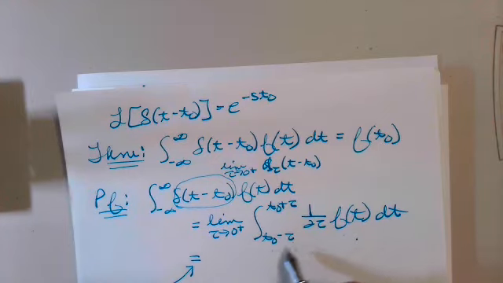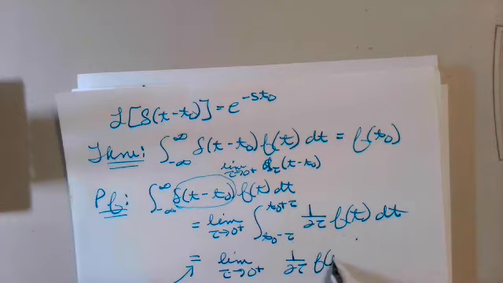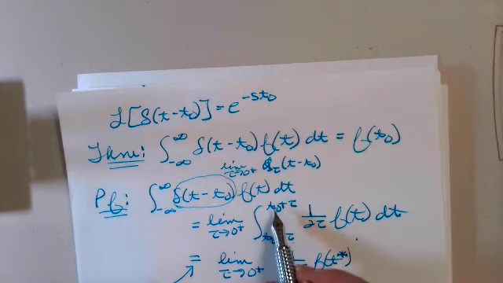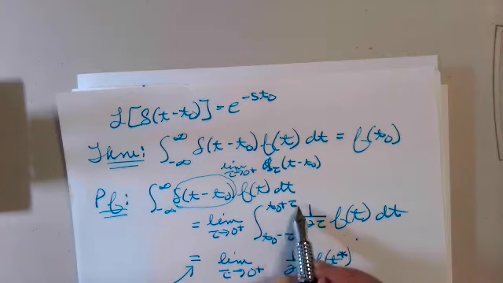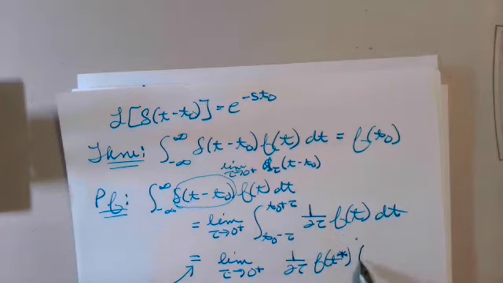So this will be 1 over 2 tau times f of t star. It's the value of the integrand at some intermediate point in the interval times the length of the interval. The length of the interval is t naught plus tau minus t naught minus tau, so that is an interval of length 2 tau.